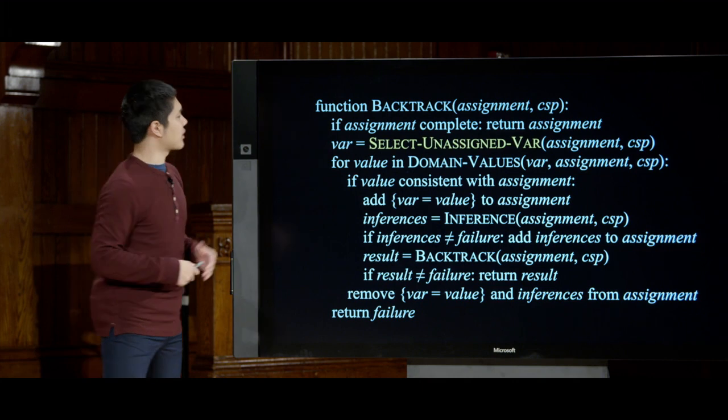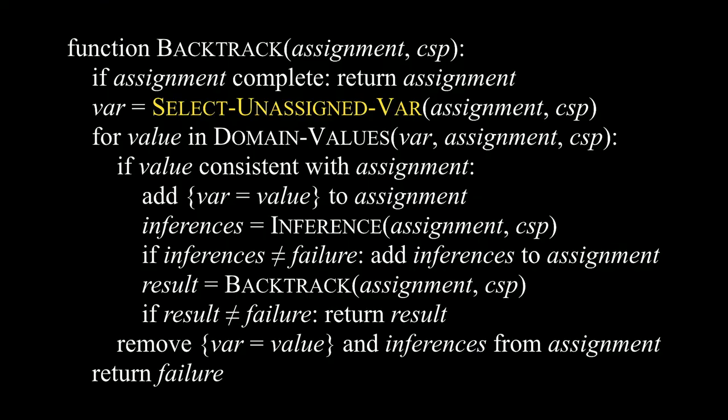So that then is how we can go about selecting an unassigned variable in a particular order. Rather than randomly picking a variable, if we're a little bit intelligent about how we choose it, we can make our search process much, much more efficient by making sure we don't have to search through portions of the search space that ultimately aren't going to matter.